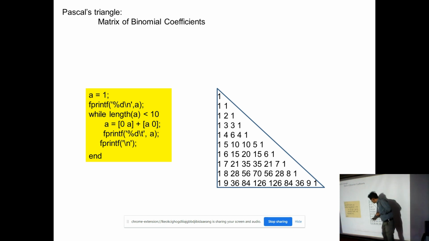If I go to the 7th row, this will be 7C0, this is 7C1, this is 7C2, and so on till 7C7, which is always equal to 1. nC0 and nCn are equal to 1. We know that. Now, how do we generate these binomial coefficients in this triangle format?